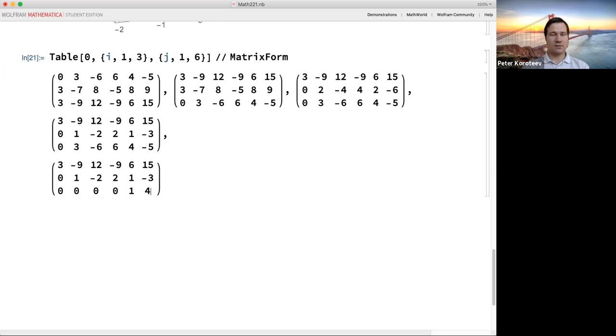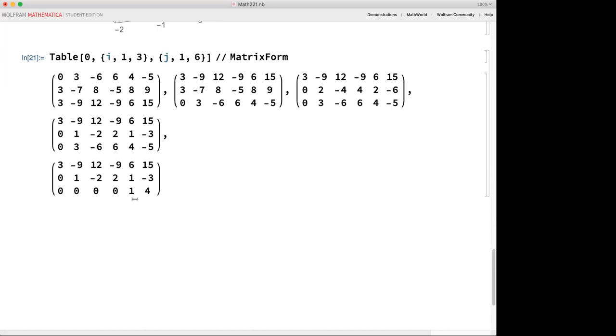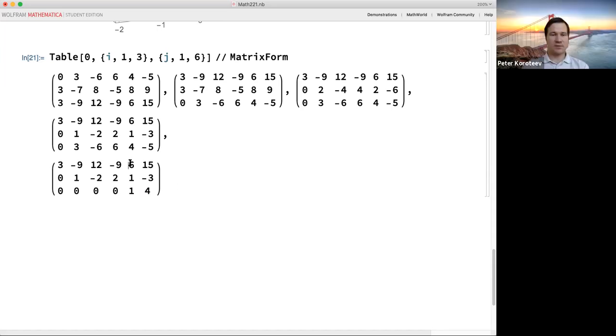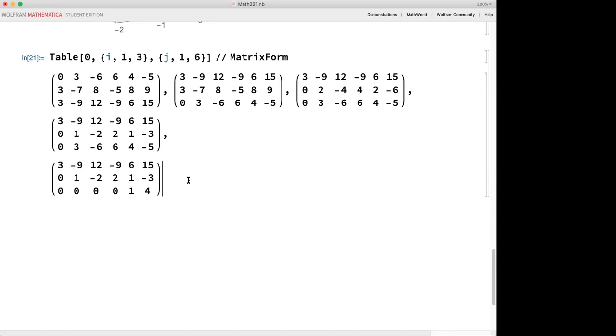So now it's in the so-called echelon form. It looks like a staircase, but it's not the reduced echelon form yet. What do we do now? We need to get rid of these numbers above the pivots.